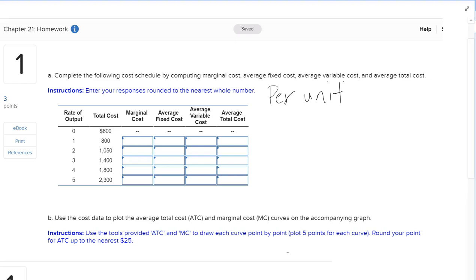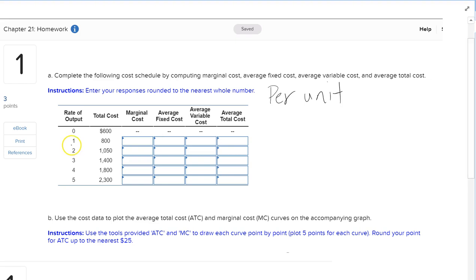And that has to do with pricing and with quantity output decisions. So in this case, you're just asked to do some calculations, but you're going to want to know how to do that. They give you some total cost information, and your job is to work a little bit like a detective here and work backwards in some cases. So you're going to need a good understanding of what these are before you proceed.